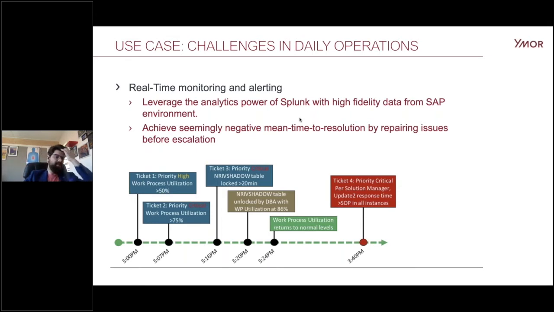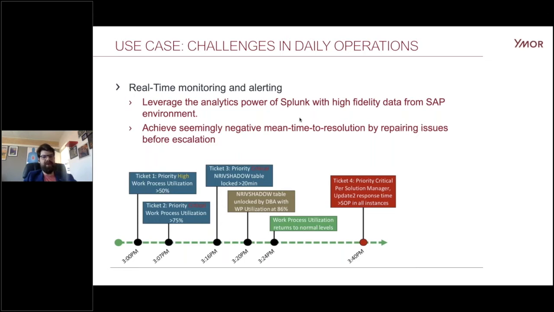So if we take a look at a high worker process utilization example, within Splunk, we can calculate that, a relatively simple calculation. We can see where it's at, what its prognosis is, what its trend line is, and based on the trend line, you can create alerts.